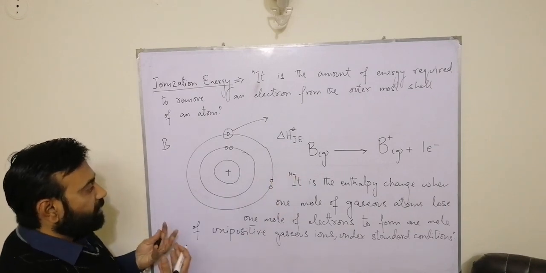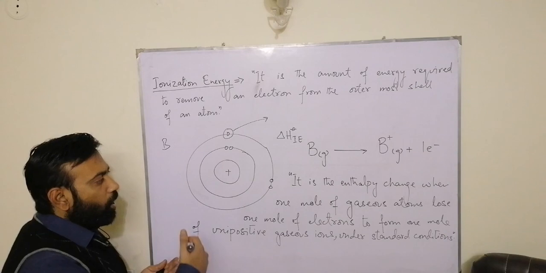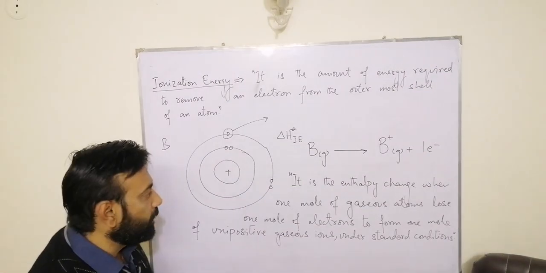Now what if this boron ion loses another electron?